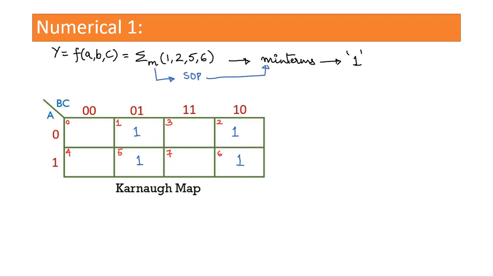So if you recall that for an SOP expression we always consider ANDing in the form variable plus its complement. So when I am going to group this particular Karnaugh map, I can group this as one particular group wherein I have A bar plus A.